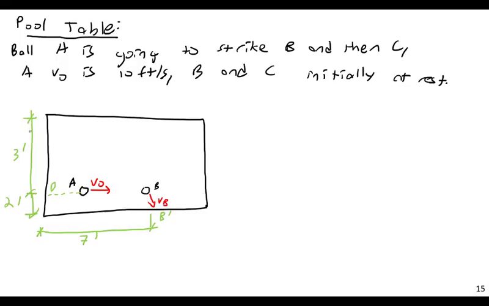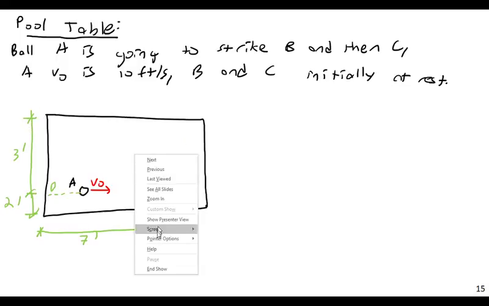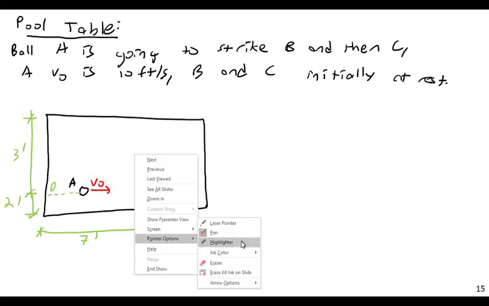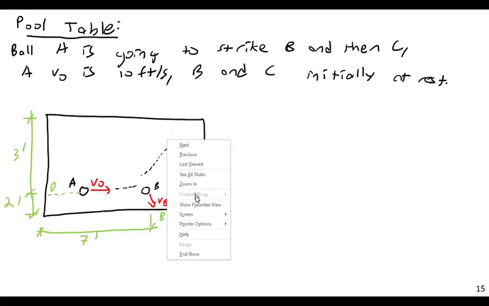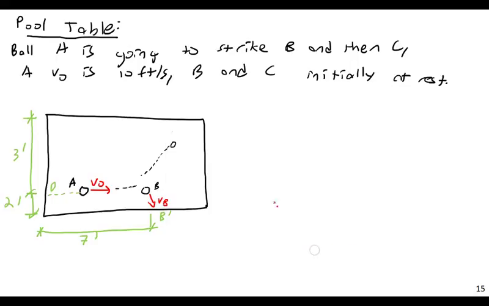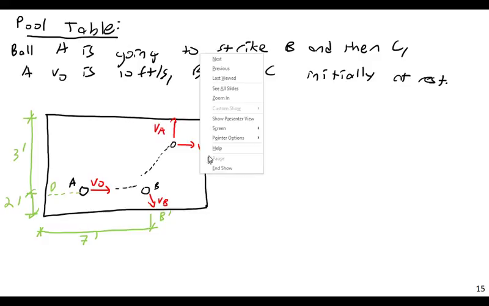Then, some short time later, there is a collision, and we'll end up with A. So it strikes there, then it goes up here. And A ends up going perfectly vertical, and C ends up going perfectly horizontal. So VC and VA. This one goes straight up, this one goes straight to the right.